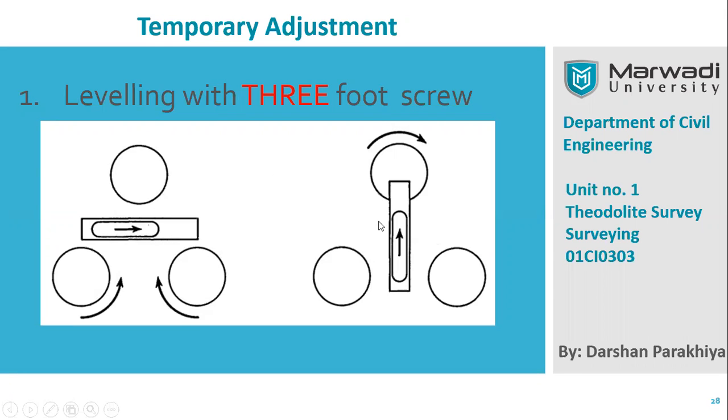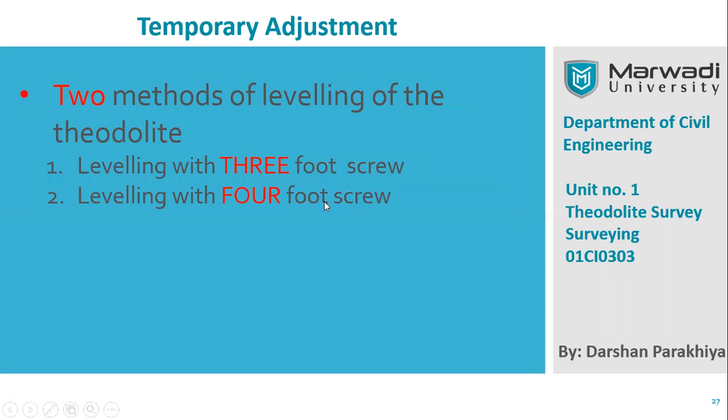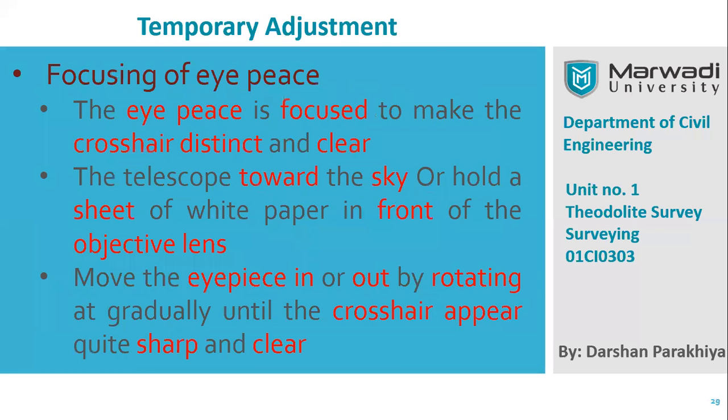Then the second step is we place the bubble perpendicular to the 2 foot screws, and we rotate the third foot screw and center the bubble. Again, the same process is repeated 3 times. So this is the process of leveling by 3 foot screws.